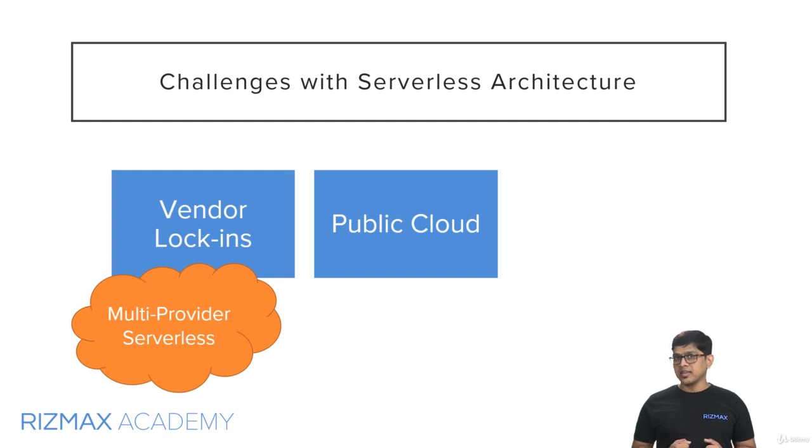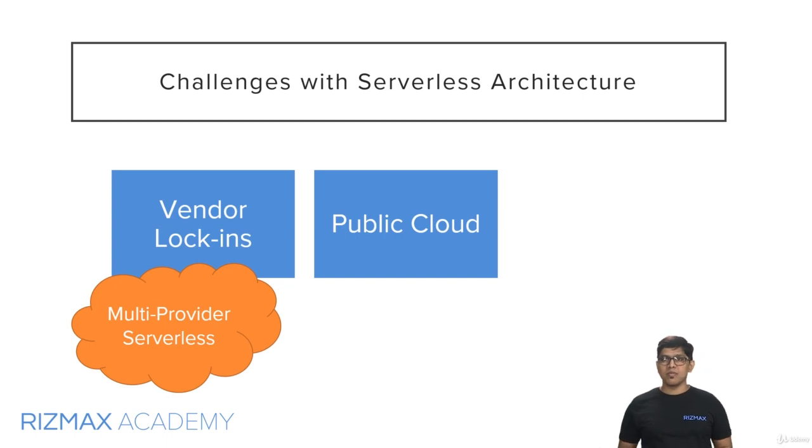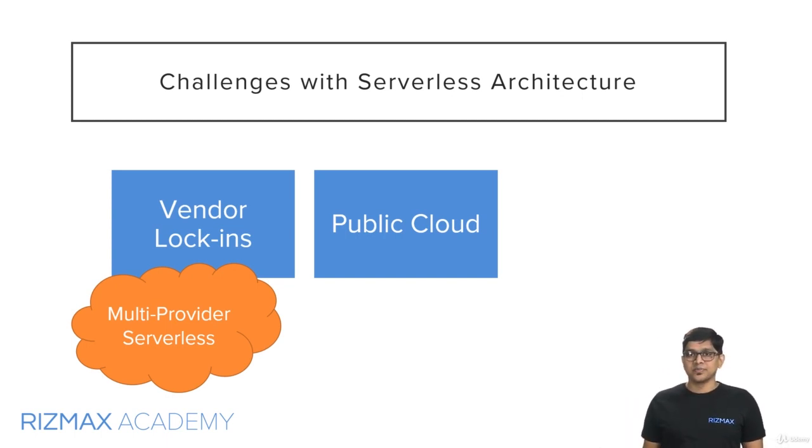Having said that, serverless can be run on private clouds as well. So you could still leverage serverless in such cases. However, we're not going to get into that discussion here. Let's just focus on the AWS serverless platform for our purpose here.